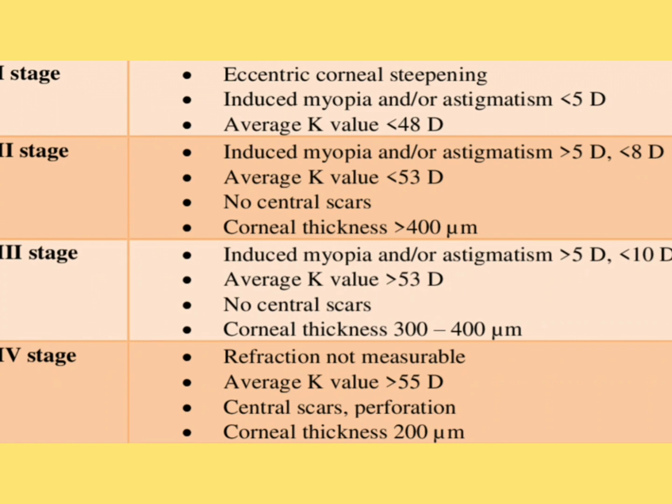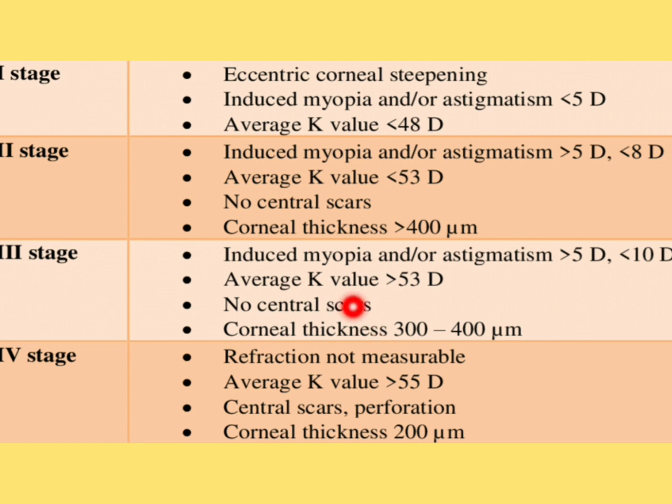In stage 3, myopia more than 5 and astigmatism then more than 8 but less than or equal to 10, then it is grade 3 or stage 3. Now in stage 3 you will see Kmax value more than 53 and you will not see any corneal scar, but central corneal thickness in between 300 to 400 micrometer.